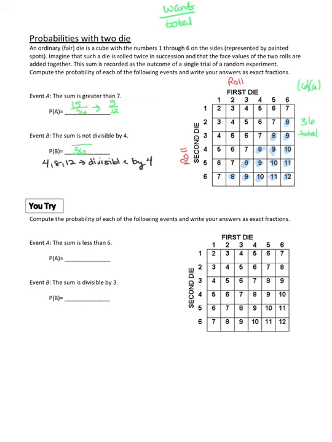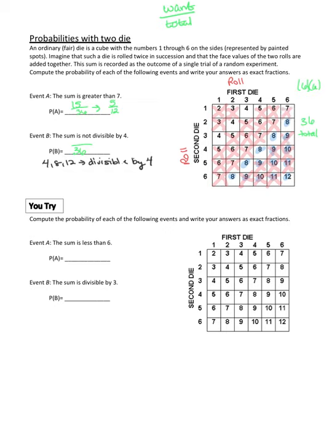So now, I'm going to highlight what numbers are not divisible by 4. Well, I'm going to just put X's through them. 1, 2, that is 3, 4, 5, 6, 7, 8, 9, 10, 11, 12, 13, 14, 15, 16, 17, 18, 19, 20, 21, 22, 23, 24, 25, 26, 27.